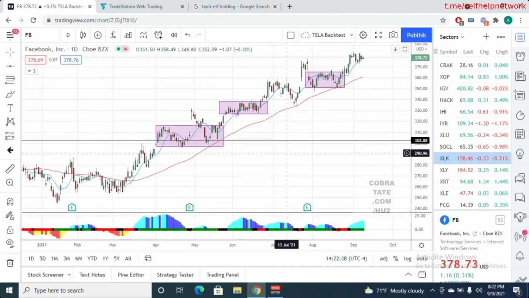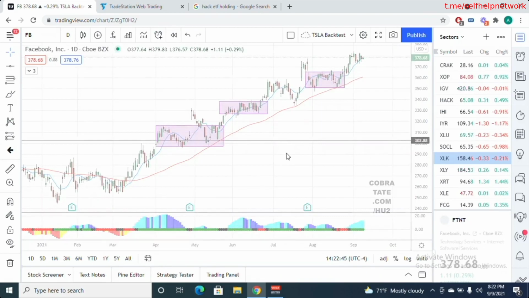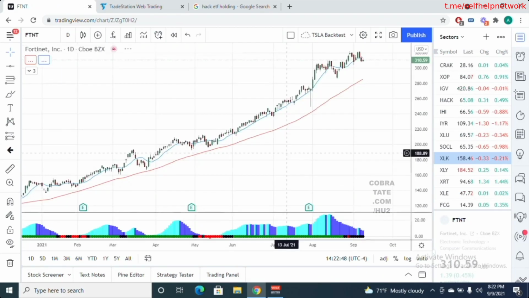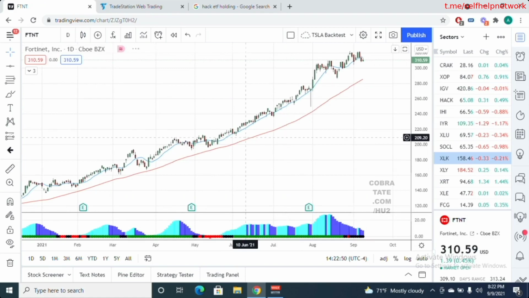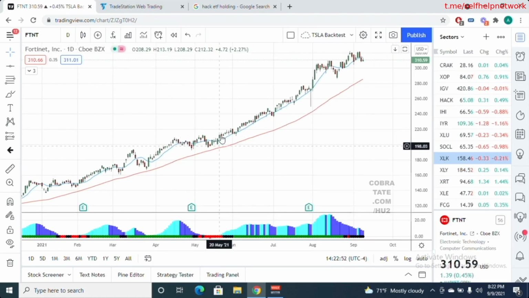If you want to look at Fortinet, FTNT, you will see it has had a crazy trend this year. Absolutely beautiful. Look at this. Broke out of a box around 212? Just never looked back. Never stopped. All the way to 310.